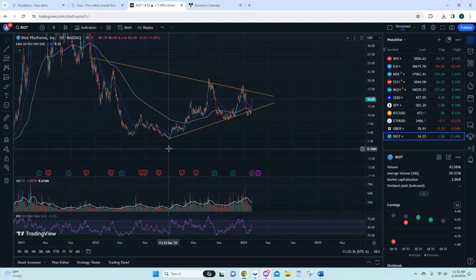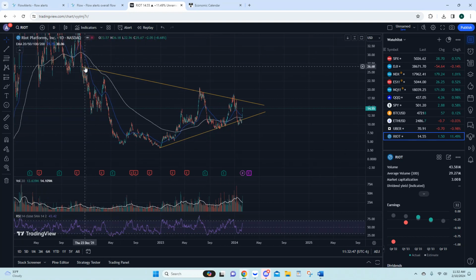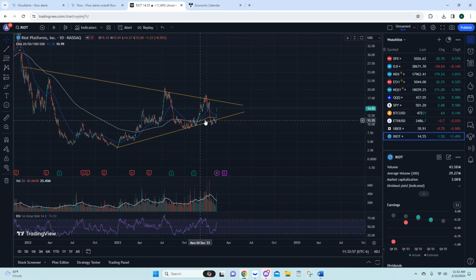Looking at the chart, obviously we're following the uptrend here, coming back to December of 2022. And you can see this little downtrend here. It looks like we're going to come up for that here at about 16.53 would be the test. Looking at the moving averages, looks like the 50 is about to tap on the 200.